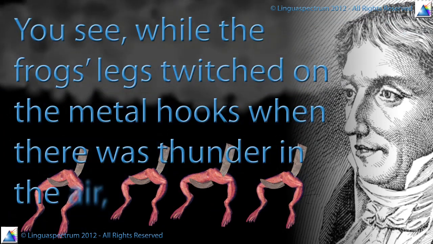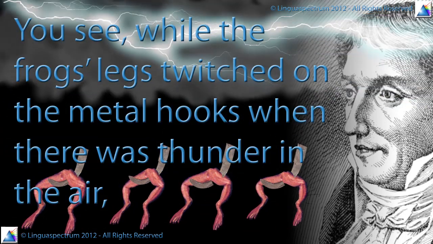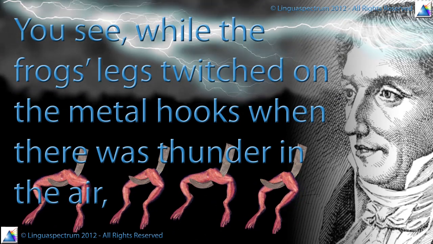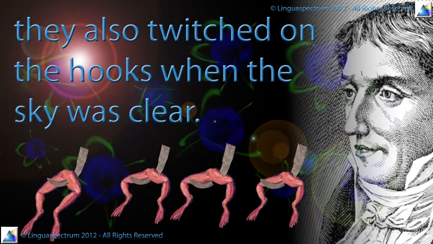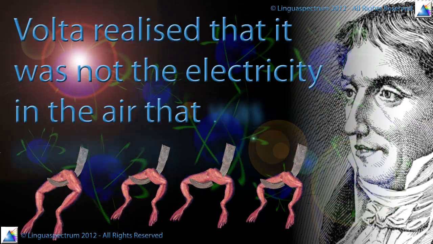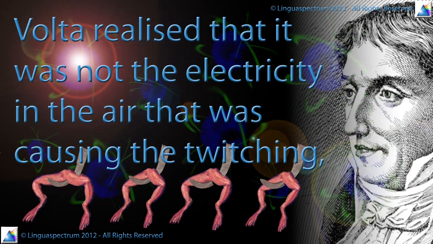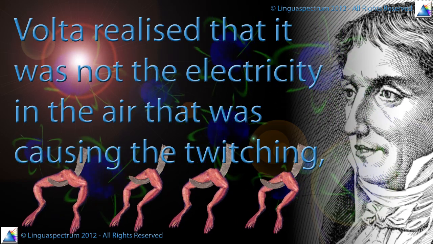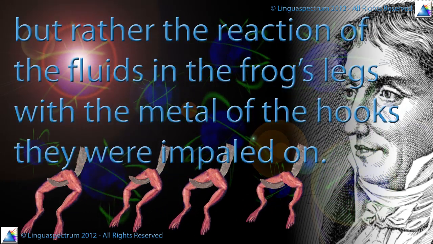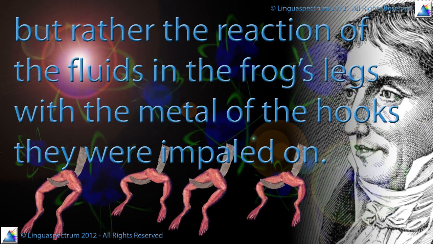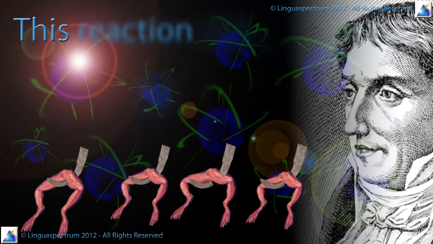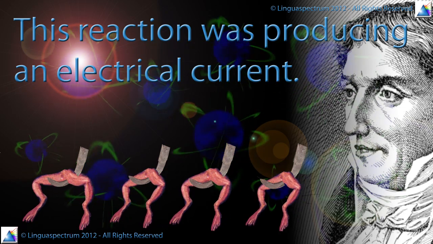You see, while the frogs' legs twitched on the metal hooks when there was thunder in the air, they also twitched on the hooks when the sky was clear. Volta realized that it was not the electricity in the air that was causing the twitching, but rather the reaction of the fluids in the frogs' legs with the metal of the hooks they were impaled on. This reaction was producing an electrical current.